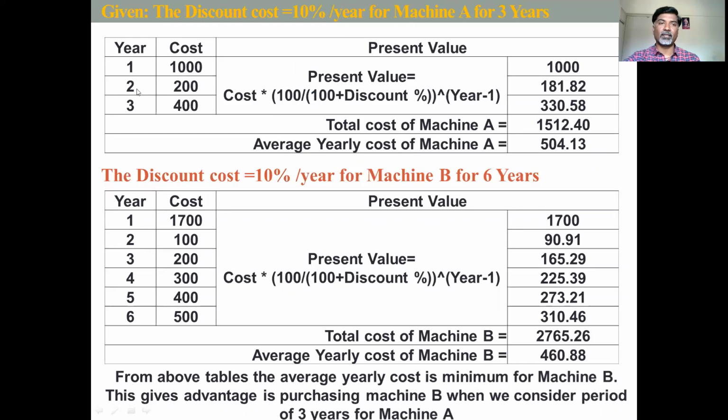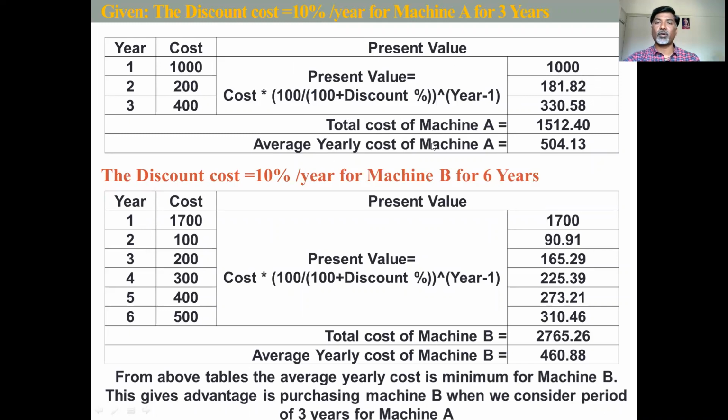For the second year, the cost is 200, discount is 10, and year is 2 minus 1. If you put all those values, you will calculate the present value for the first year, second year, and third year. Once you have calculated the present values, the total cost for machine A is the addition of those three values.